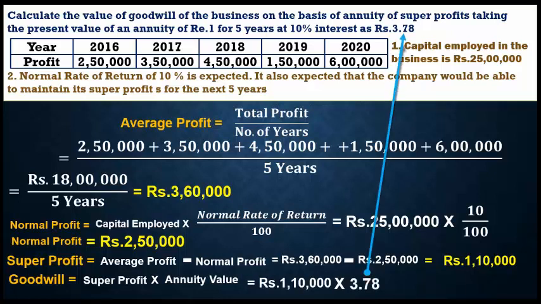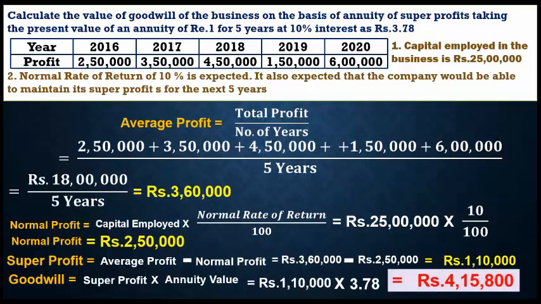Given in the problem, annuity value 3.78. So goodwill is equal to 1,10,000 into 3.78. What is the answer? 4,15,800. Goodwill is 4,15,800. This is the answer.